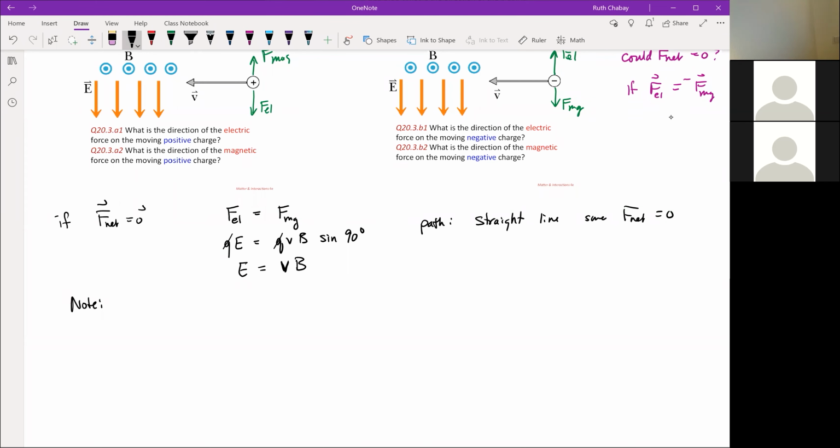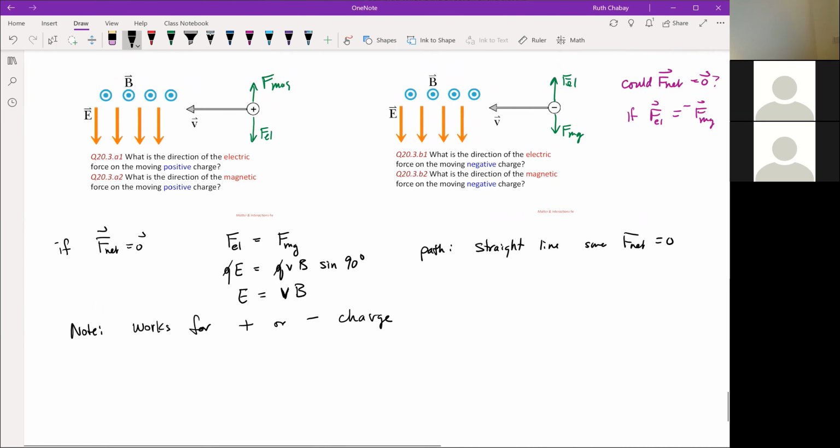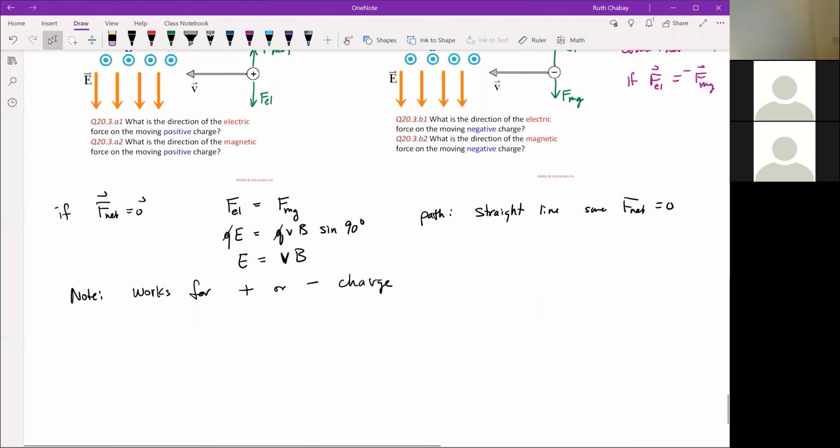Now notice that this works for a positive or a negative charge, although the directions of the individual forces were reversed, the net force was the sum, and so that could still end up being 0. And the condition depends only on the speed.